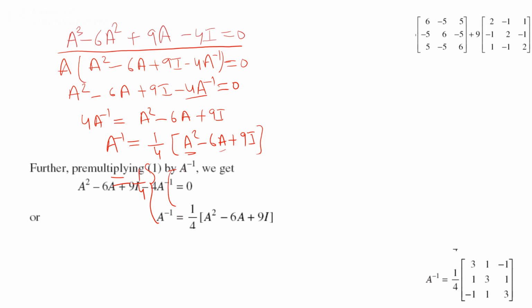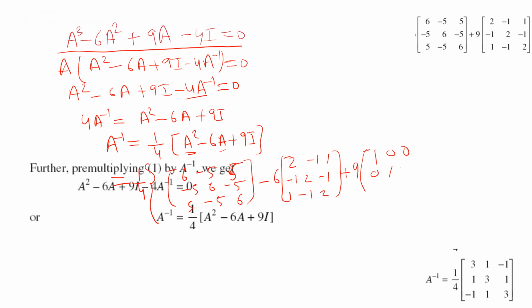A square is what? We obtained 6, minus 5, 5, minus 5, 6, minus 5, 5, minus 5, 6, then minus 6 times the matrix A, which is 2, minus 1, 1, minus 1, 2, minus 1, 1, minus 1, 2. And then plus 9 times the identity matrix.